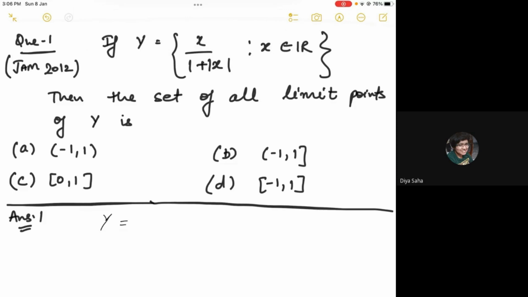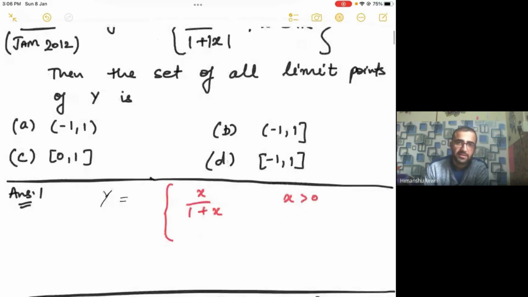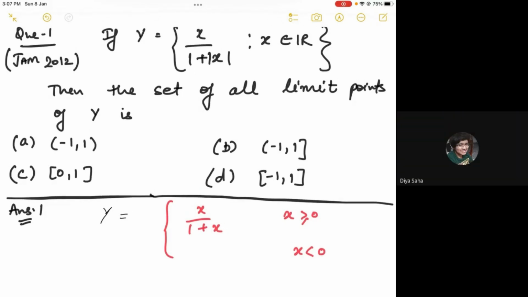Okay. So for x greater than 0, our set is x divided by 1 plus x, right? And for x less than 0, it will look like x by 1 minus x.